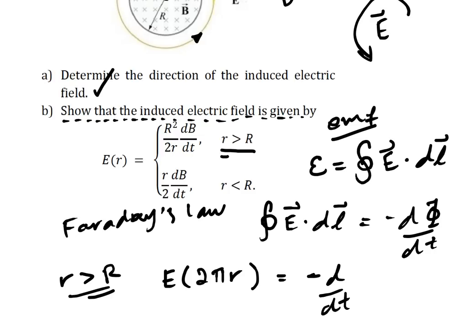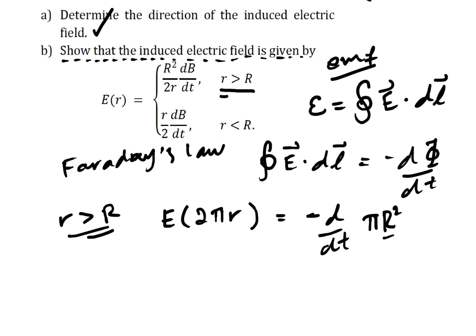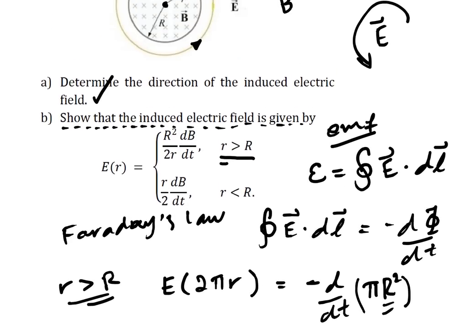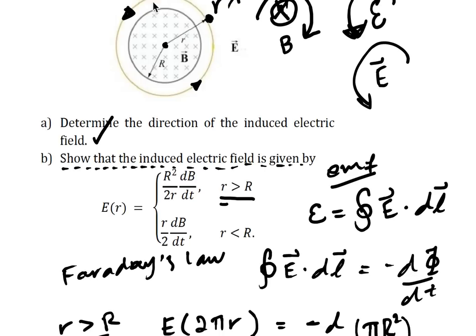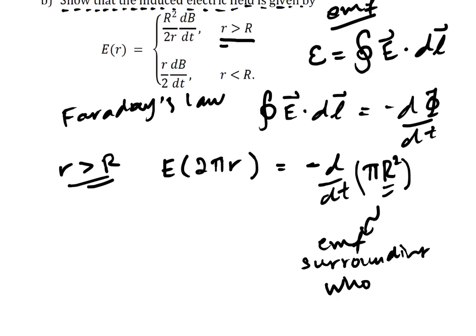We use the big R, the radius, here because the loop of the EMF is surrounding the whole region.